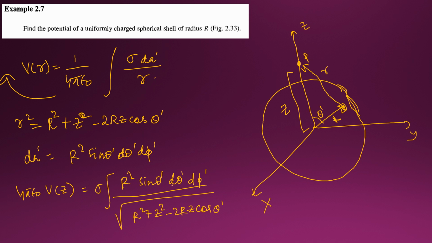Now see, this is not a single integration. This is a double integration for d theta dash d phi dash. So sigma, R square will come out. This is for sine theta dash d theta dash divided by R square plus z square minus 2 R z cos theta dash, from 0 to pi.